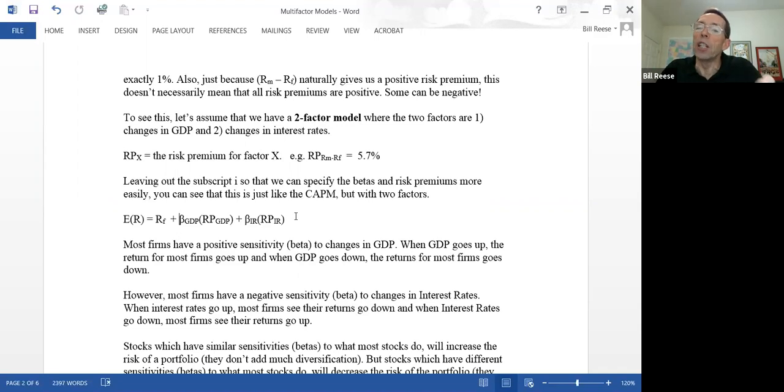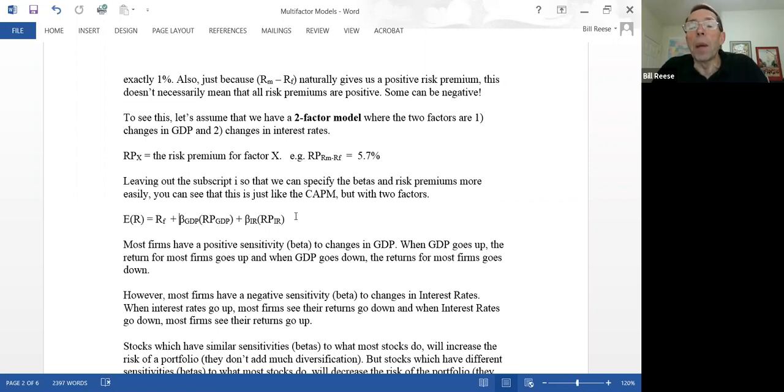Well, a beta for GDP would tell us, if GDP unexpectedly goes up by 1%, how much does the stock go up or down? So if we have a beta for GDP equal to, let's say, 2, that means if GDP goes up by 1%, the stock typically goes up by 2%. GDP goes down by 1%, the stock typically goes down by 2%.